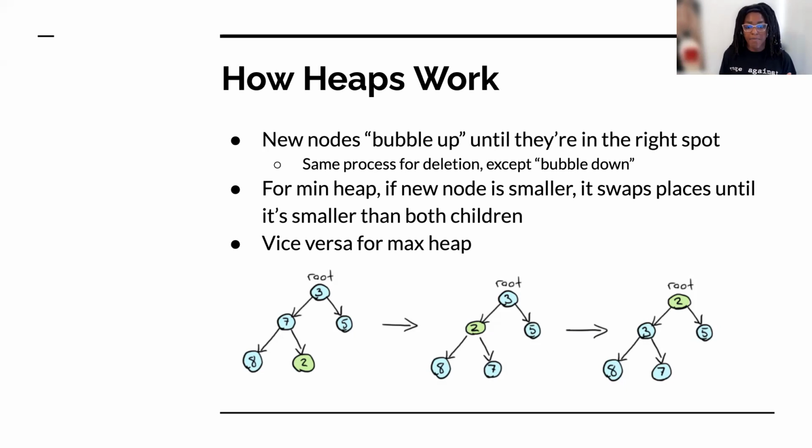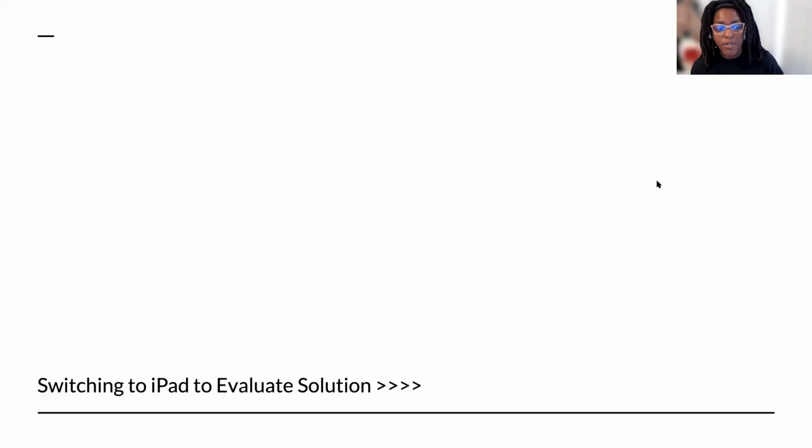So if you have a min heap and you insert a new node and it's smaller than any of the nodes, then it bubbles up, meaning it swaps places until it's at the right spot where it's smaller than both of its children. And vice versa for a max heap. If you're inserting a new node and it's larger than anything else, it bubbles up or keeps swapping until it's in the right spot. Now, I just did a lot of words.